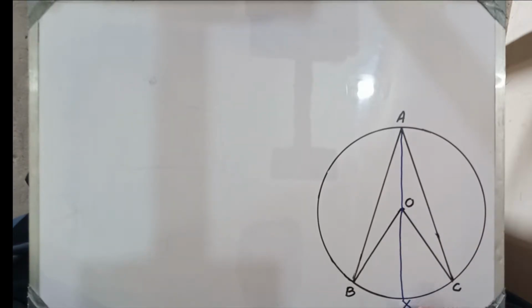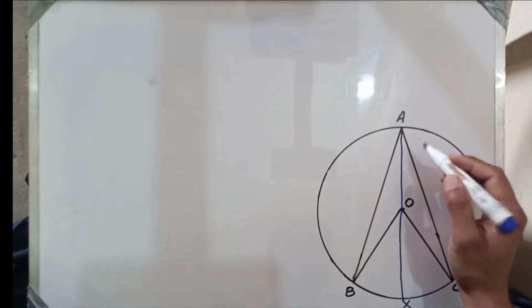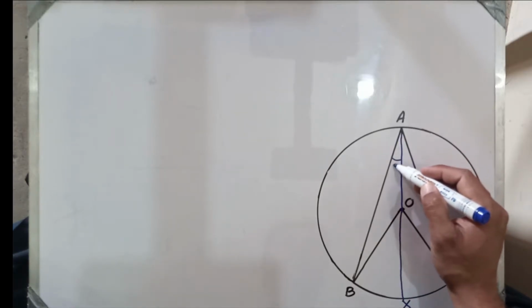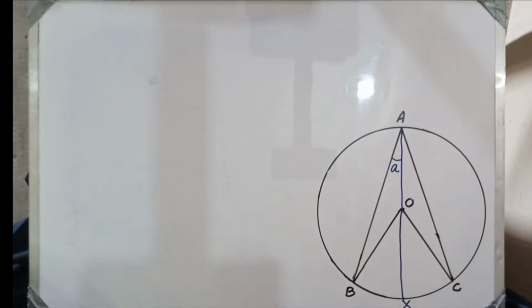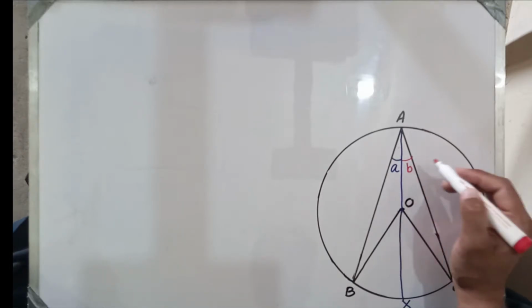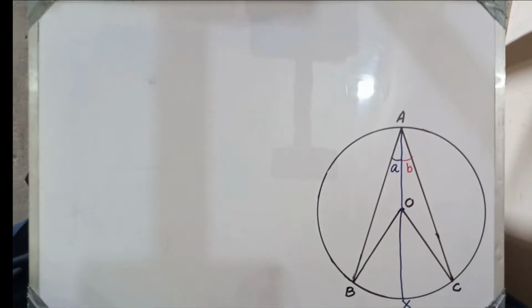This point will be X. So suppose we denote this angle by a and this angle by b. We write all these things.